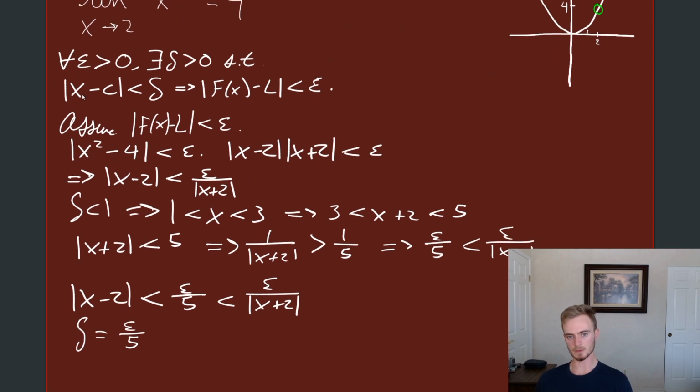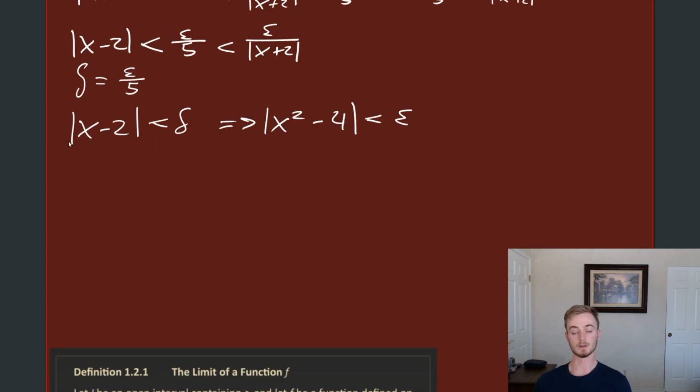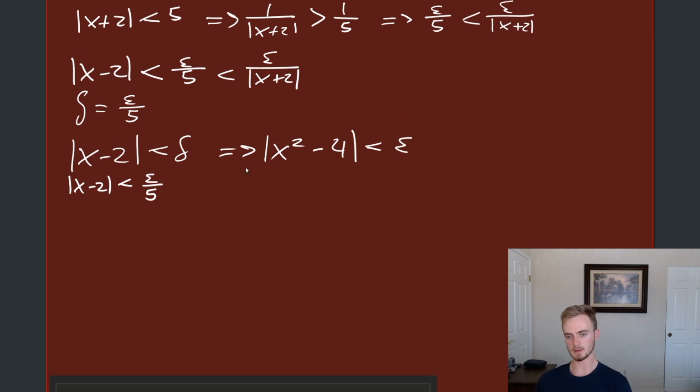So coming back to the implication here, we want to show that the absolute value of x minus 2 is less than delta implies that the absolute value of x squared minus 4 is less than epsilon. We're going to take the delta and we're going to take the absolute value of x minus 2. We're going to plug it in like we had before. And then we're going to somehow get this. How do we get that?